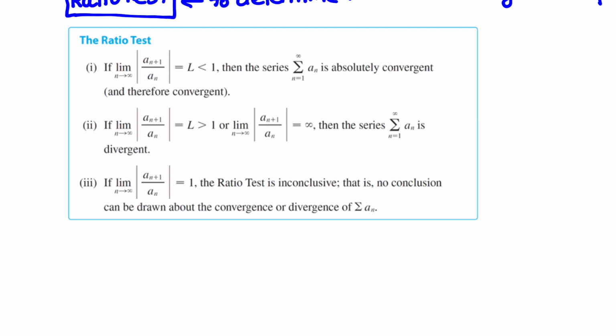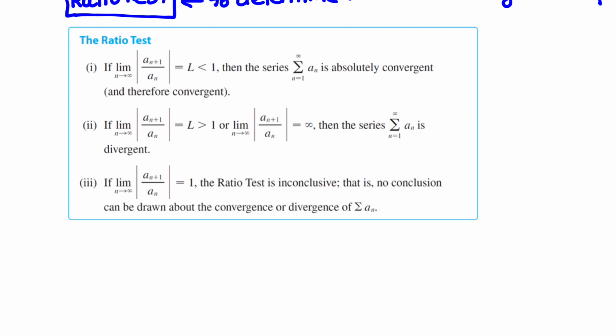So the ratio test tells us to look at a limit, and that specific limit is the limit as n goes to infinity of the absolute value of a sub n plus 1 over a sub n. This is a tool that we can use to determine the convergence and divergence of a power series. If that limit is less than 1, it means our series absolutely converges.